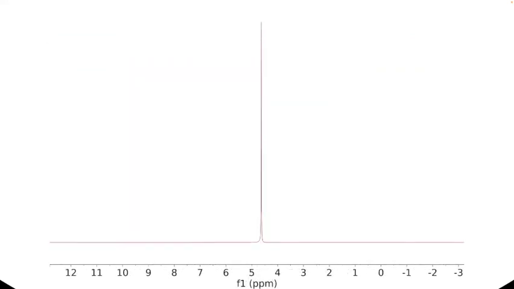And then we can take the same data and transfer it to the frequency domain, where in this case, we just have one peak. And we typically, by custom, put that at 4.7 parts per million to reference everything. So this is the water resonance in a D2O sample, residual water, and it shows up as just one peak in an NMR spectrum.